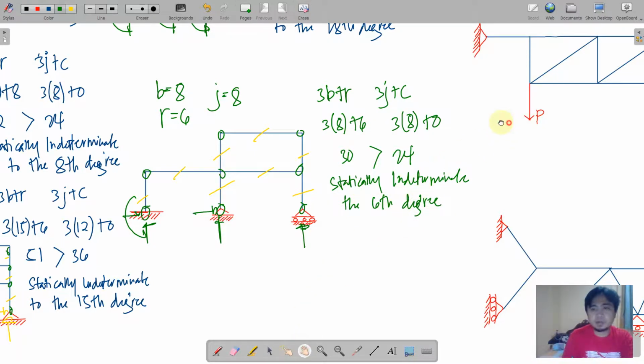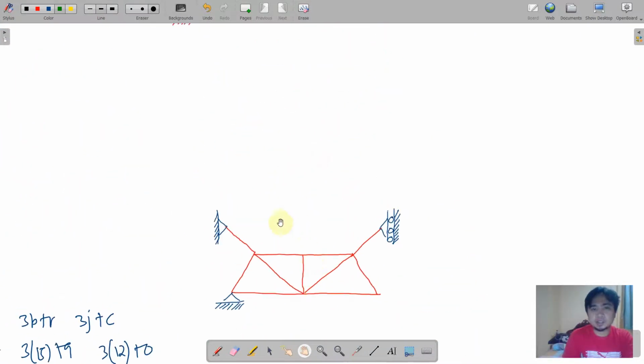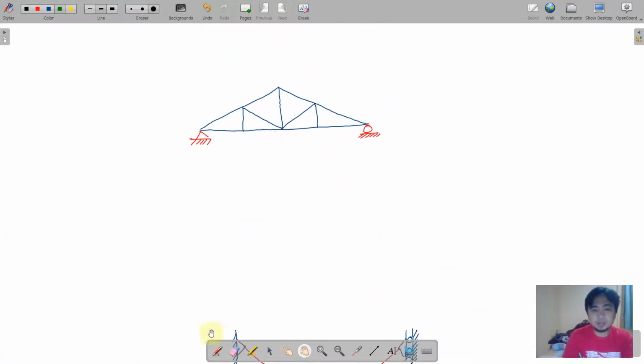Okay, so moving on. This time we will have trusses. Okay, so for these trusses, starting with the first problem, of course, there will be 2 reactions here and a reaction on the roller. So therefore, we have a total count of reaction to be equal to 3.